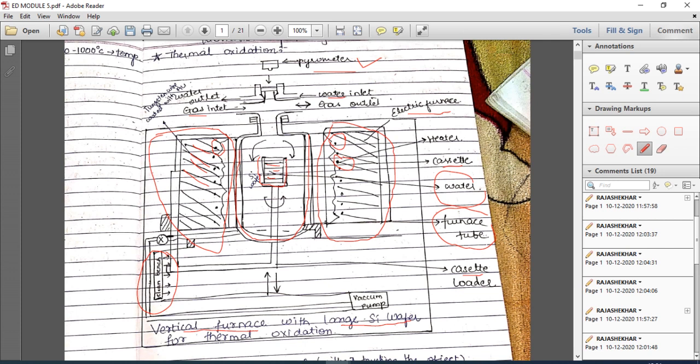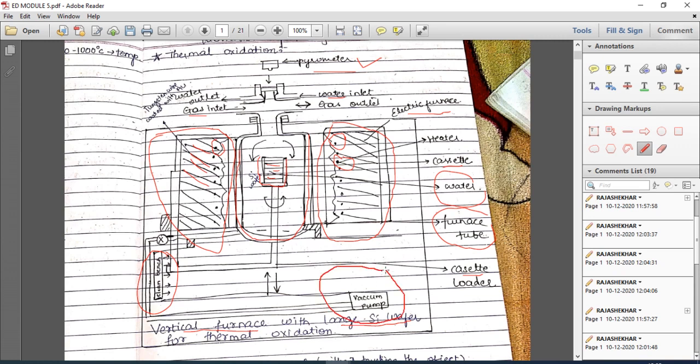Once it forms the SiO2 layer, it may generate some unwanted material in the furnace. That unwanted material can be removed using this clean bench. So the role of the clean bench is just to remove the unwanted material which is present in the furnace.